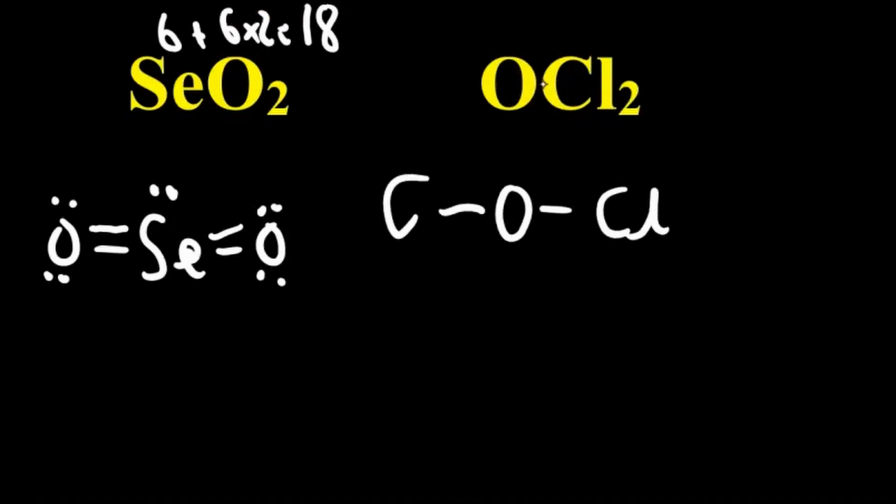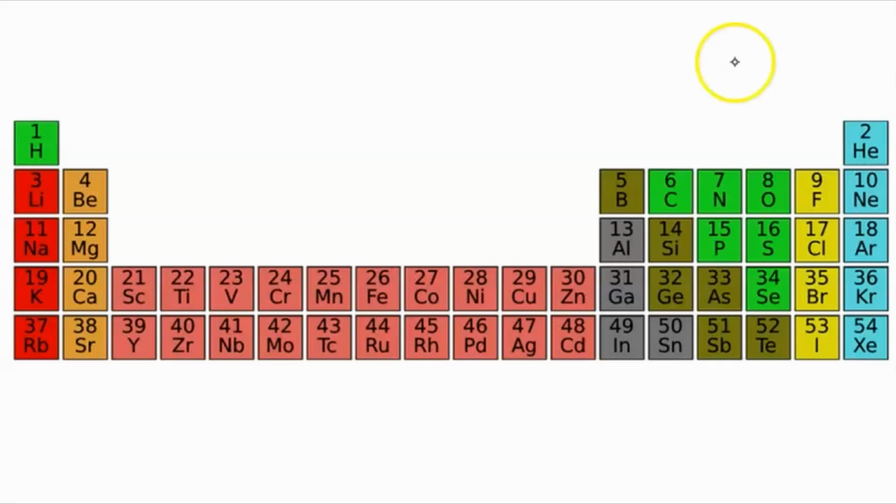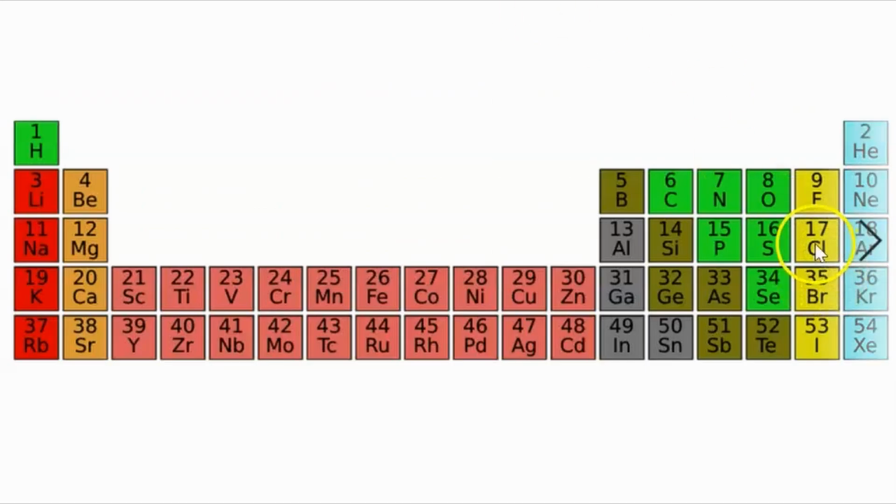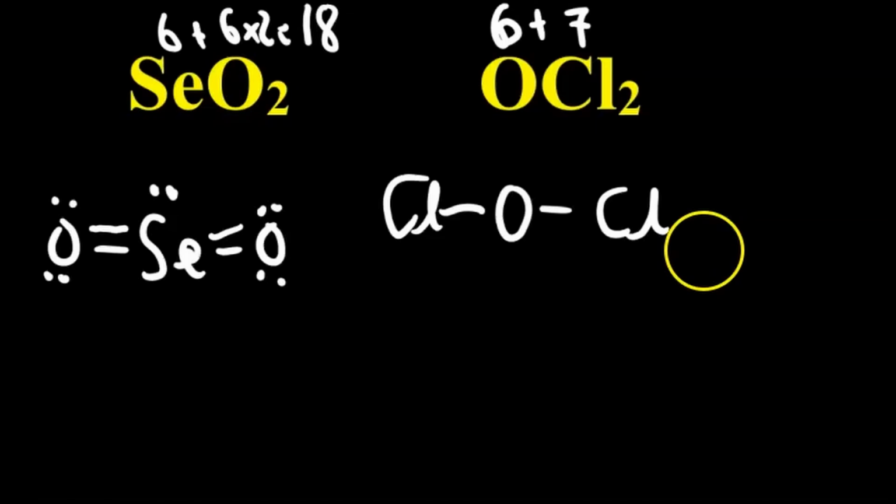We would attach the atoms like this. And according to the periodic table, from the left, we count 1, 2, 3, 4, 5, 6. We expect there to be 6 electrons on oxygen, plus we expect there to be 7 on chlorine. If we count from the left, 1, 2, 3, 4, 5, 6, 7. And there's 2 of them, times 2.